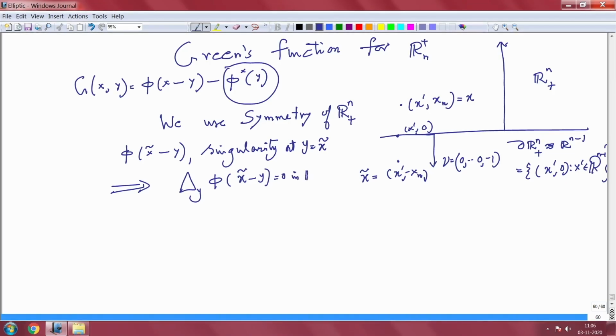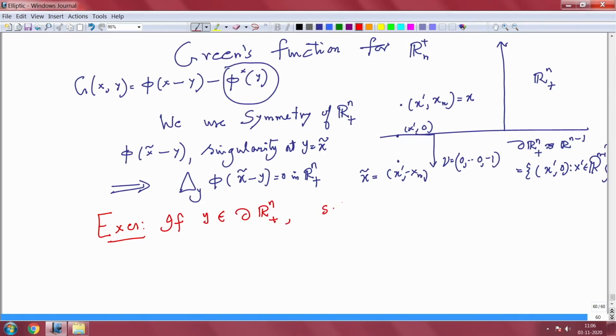So, you immediately got it. The only problem which you have to verify is a small exercise for you: you want to satisfy the condition when y is on the boundary. Here x is internal, x tilde is internal. If y is on the boundary, show that this is trivial.